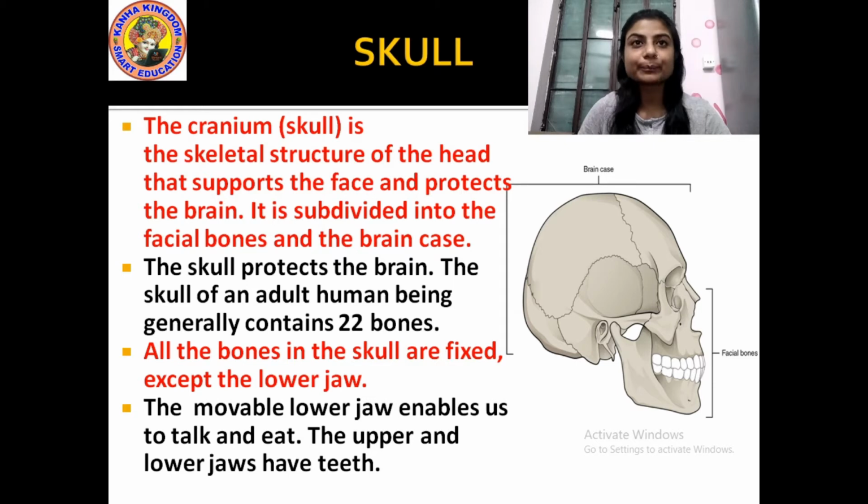C-R-A-N-I-U-M, cranium. The cranium or skull is the skeletal structure of the head that supports the face and protects the brain. It is subdivided into facial bone and the brain case. The whole head portion is the skull, the bones that we have inside our skin.